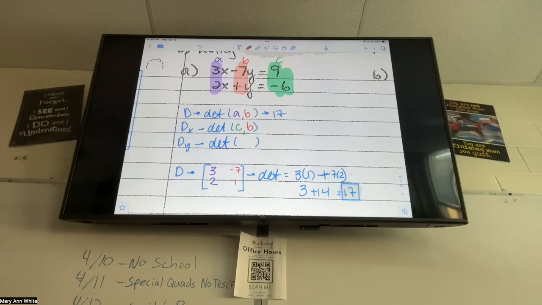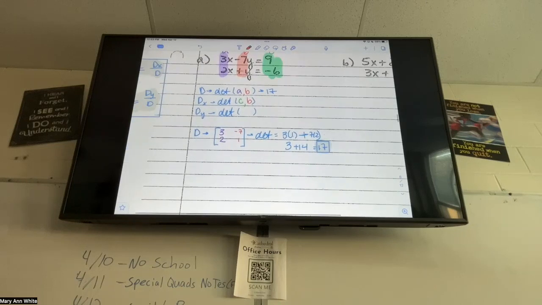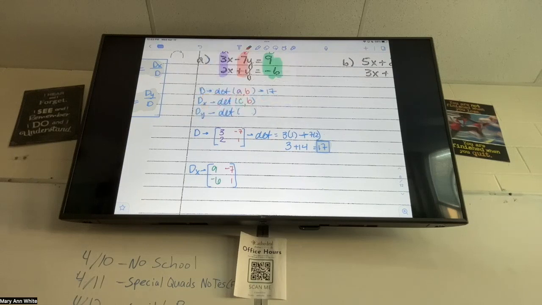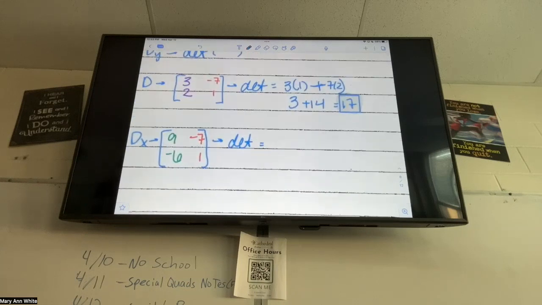Okay, so let's go do that. Let's do Dx, which is the determinant of C and B. C is 9 and -6, and B is -7 and 1. The determinant is going to be 9 times 1 minus -7 times -6.